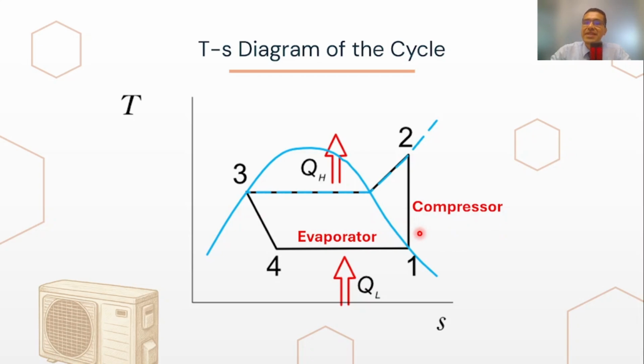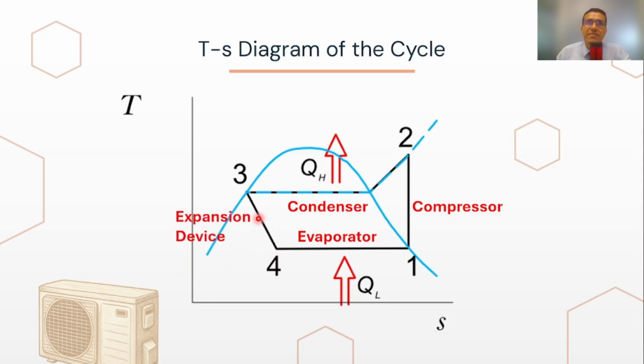Ideally, this process is isentropic, meaning that no entropy is generated, but in practice, some inefficiency leads to entropy increase. From 2 to 3, the refrigerant passes through the condenser, where it releases heat to the surroundings and condenses from vapor to liquid at nearly constant pressure.